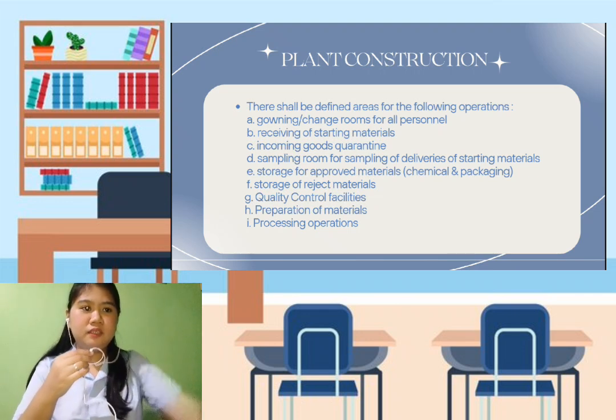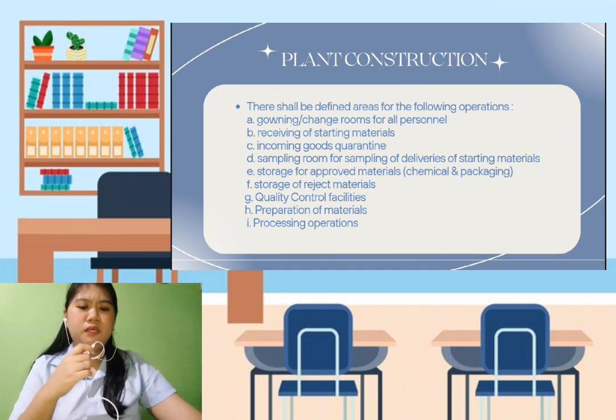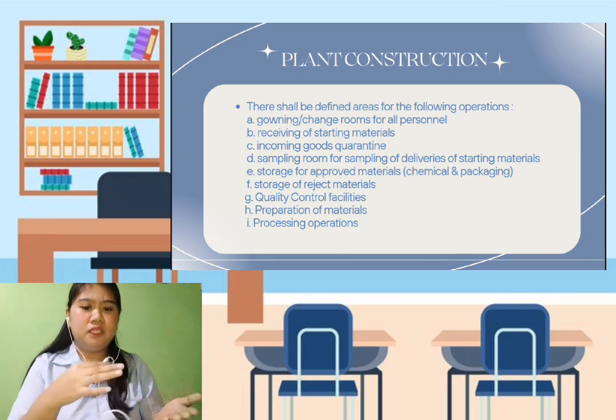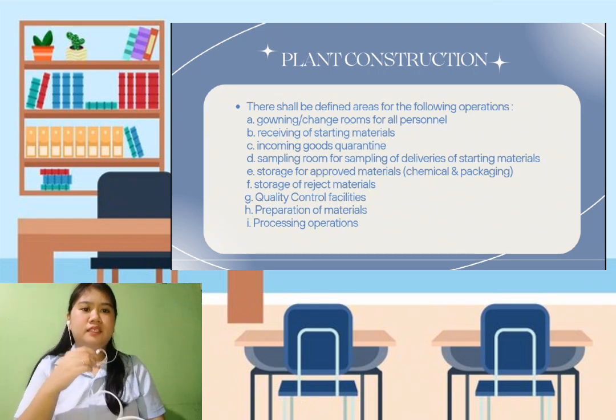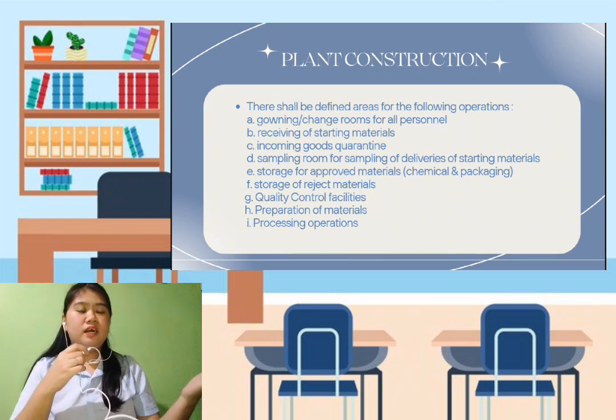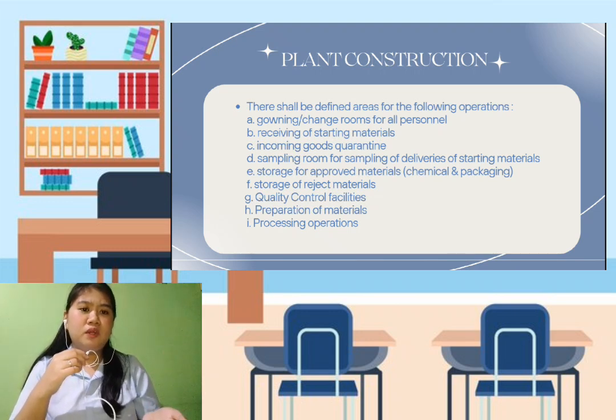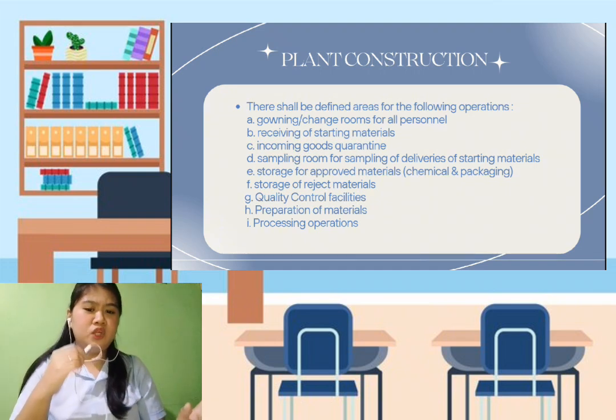So letter B, receiving of starting materials. So meron ding designated room para sa pagre-receive ng mga starting materials na yan. Letter C is incoming goods quarantine. So syempre when dumating na yung mga products, meron yang designated room para doon dadalhin, i-organize yun doon.